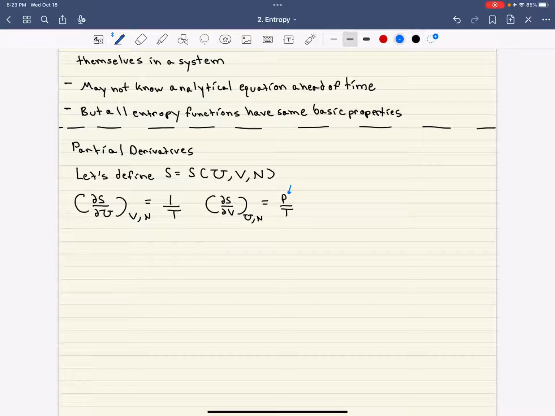So this P is the absolute pressure. And then, if we take the partial derivative of entropy with respect to the number of molecules in the system, while keeping everything else constant, that's going to be equal to the negative of mu over T, where this mu is the chemical potential.